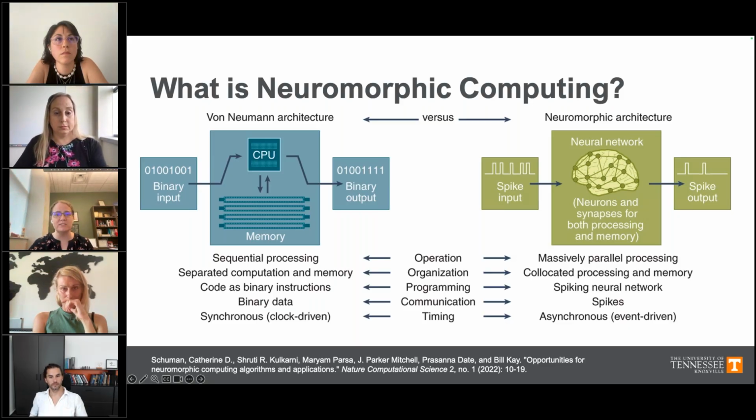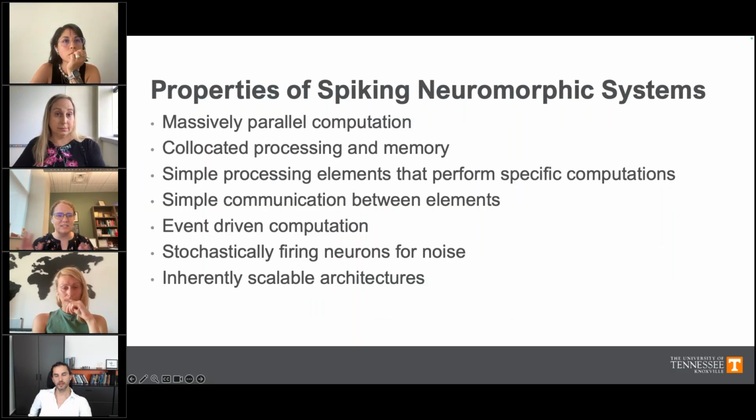Not all neuromorphic systems have all of these properties, and as we're debating here, you can define neuromorphic in a lot of different ways, but this was a convenient way for us to think about them. I have another similar list of properties for neuromorphic, with a couple of others added, like stochasticity in the neurons for noise, and inherently scalable architectures.